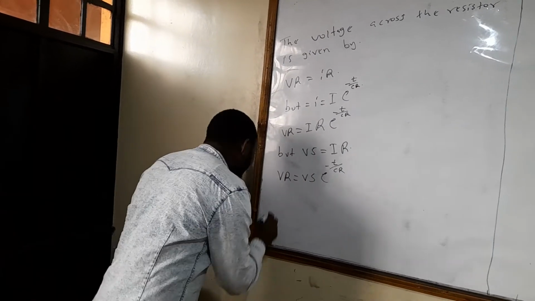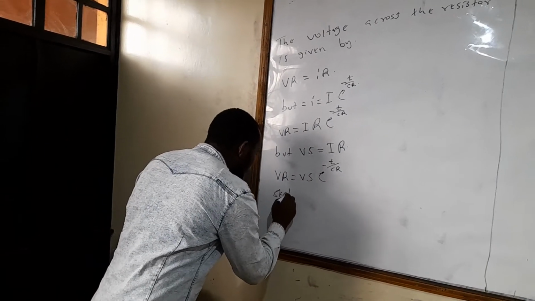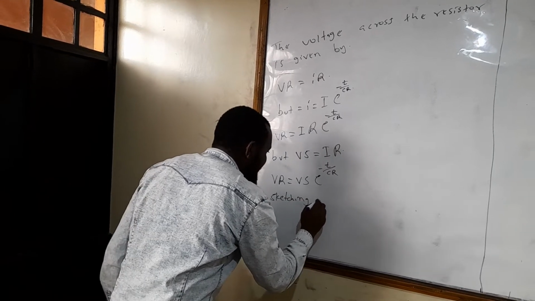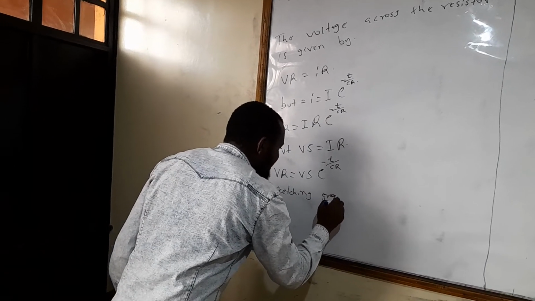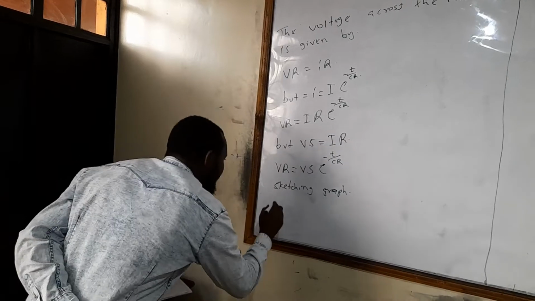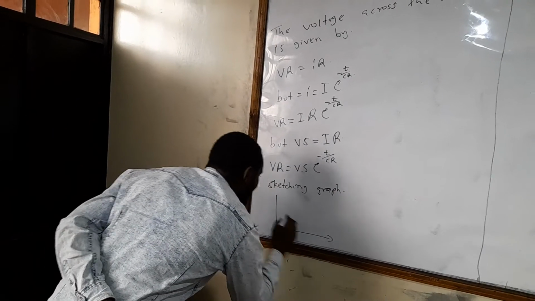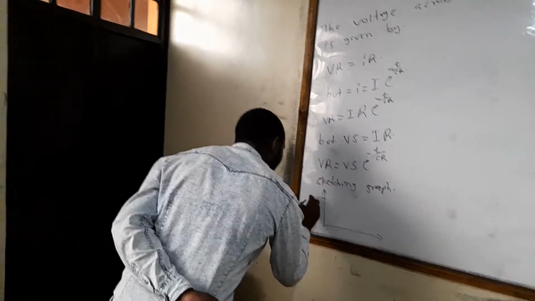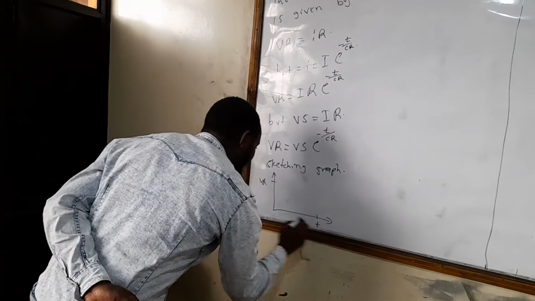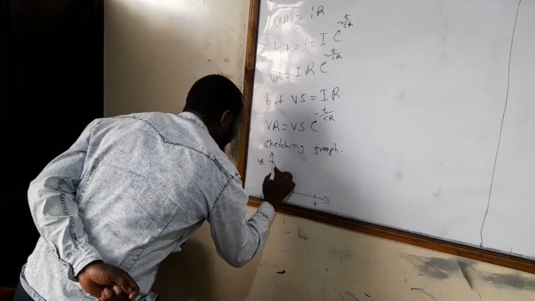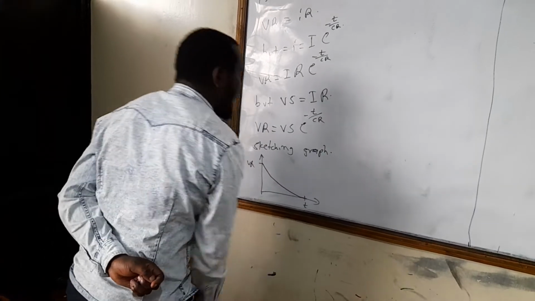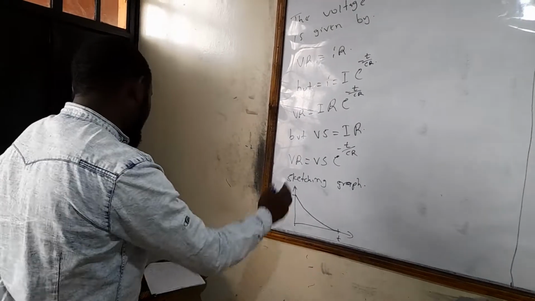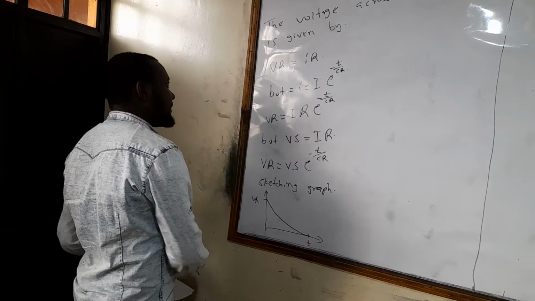Let us sketch the graph. At the maximum of VR, the time taken is 0. Therefore, our graph will be in this manner.